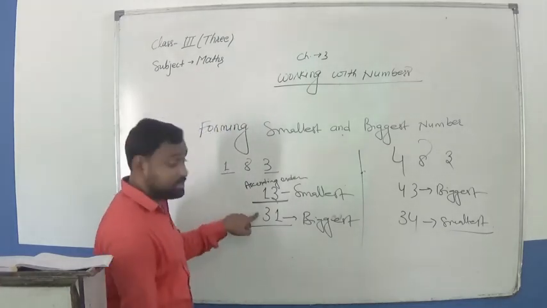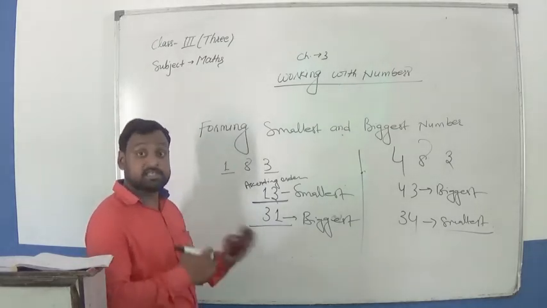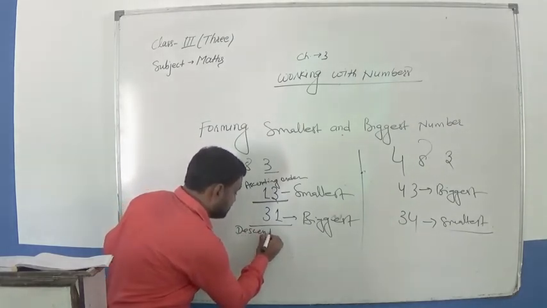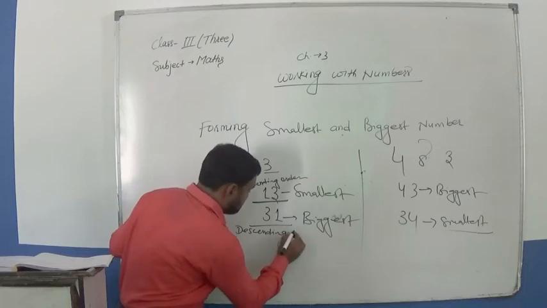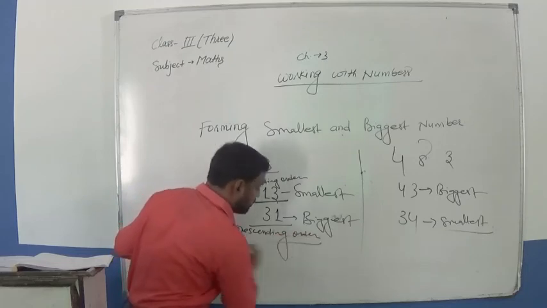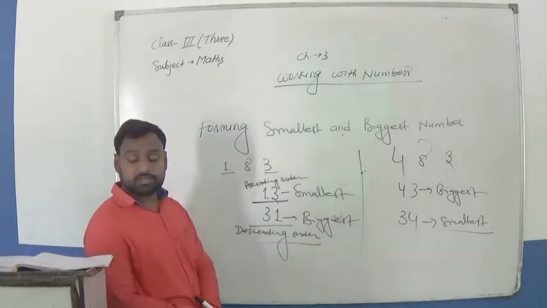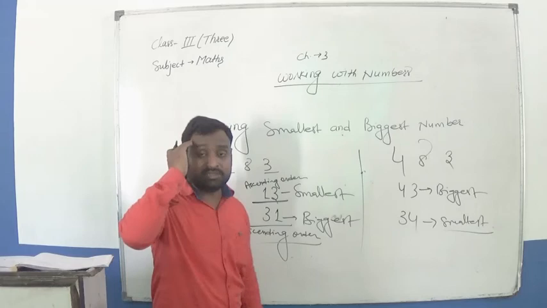Okay, and when we arrange the digits in descending order, it forms the biggest number.